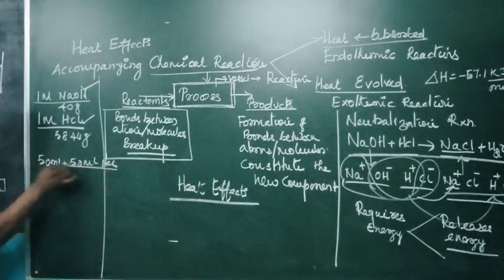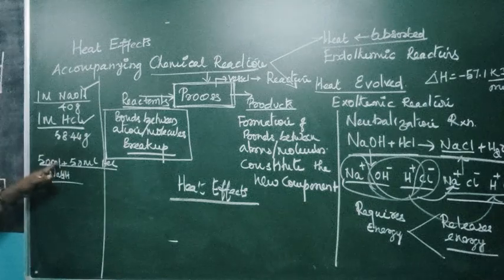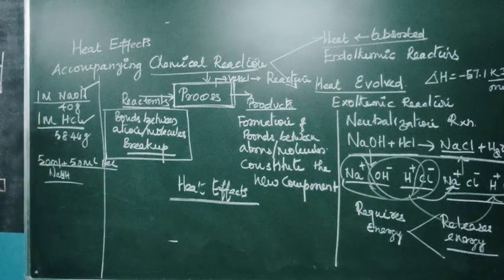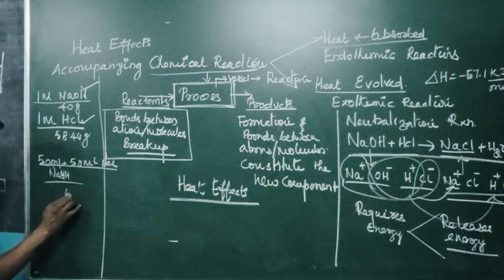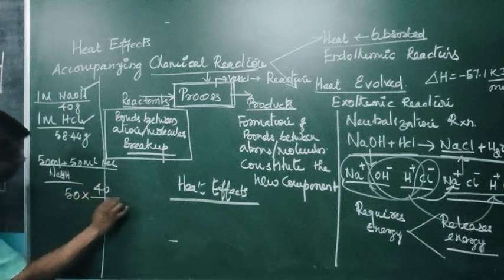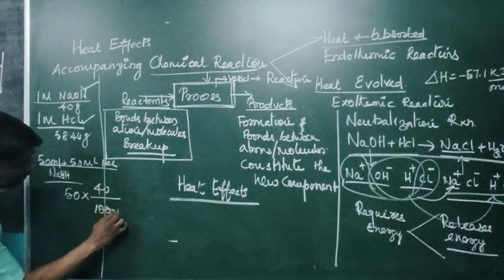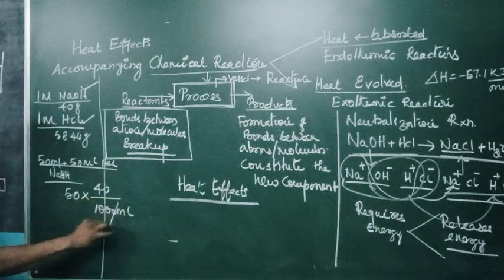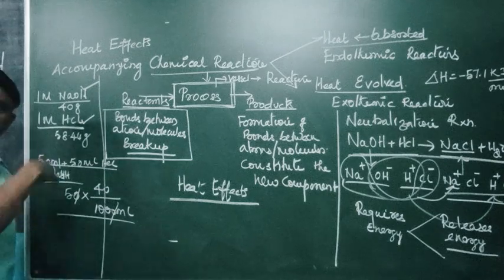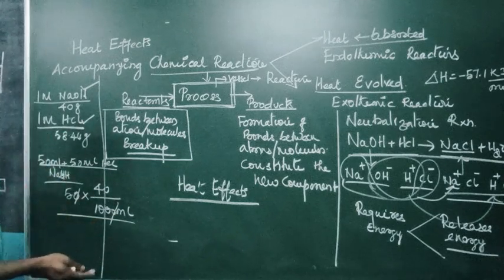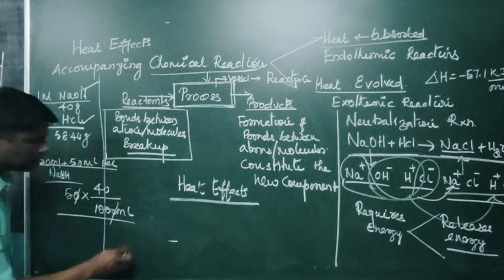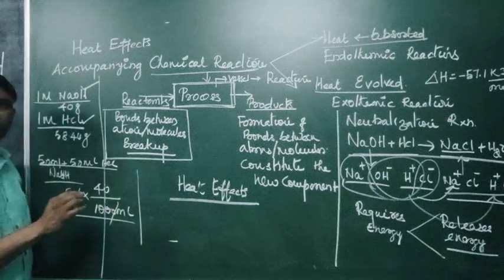For 50 ml of 1 molar solution, what about the amount of substance present in it? It is 40 grams divided by 1000 ml, converted into moles. Use a thermometer to measure the temperature.